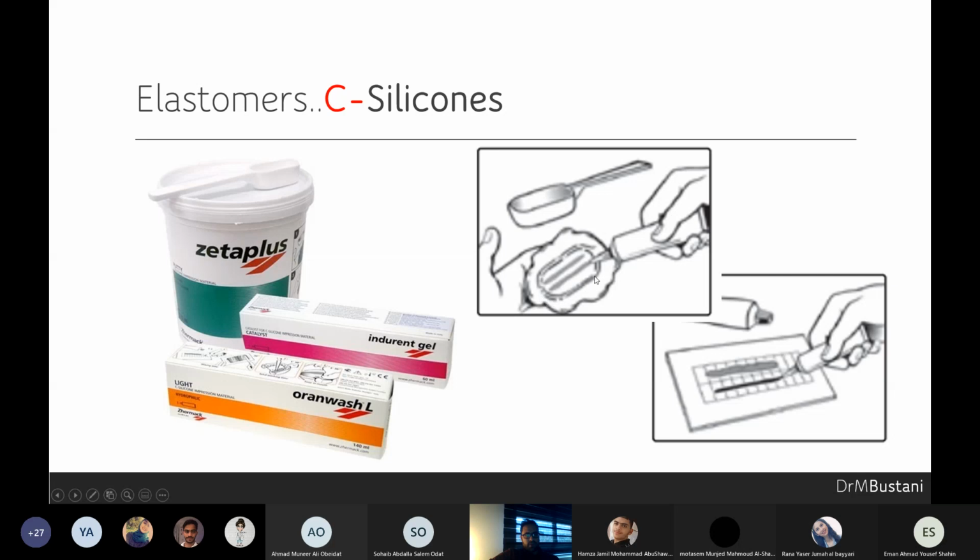You have the shape of the scoop, and you use two lengths of the catalyst. While for the wash, you pour equal lengths of the material, and as you can see, the light body material is thicker than the catalyst. So in terms of weight, they will be different, but in terms of length, they should be the same.